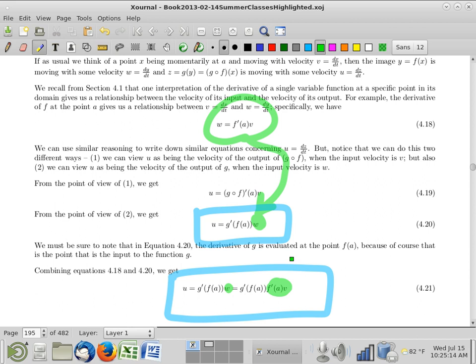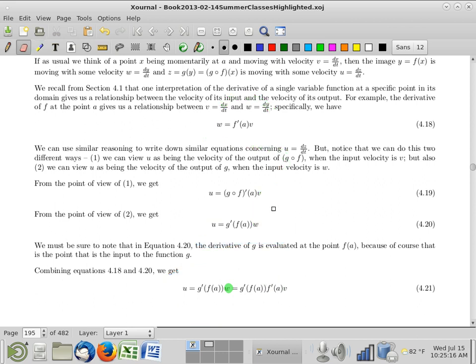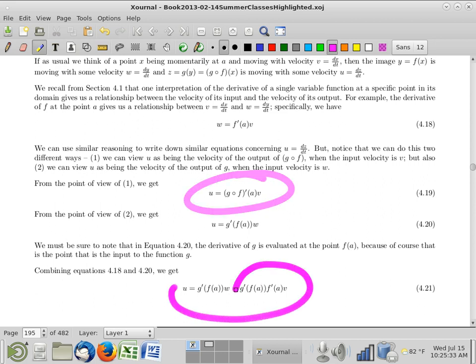All right, is everybody on board? And what I've got then is one formula relating u and w. Excuse me, I circled the wrong one. Sorry. One formula relating u and v, and now here's a different formula relating u and v.